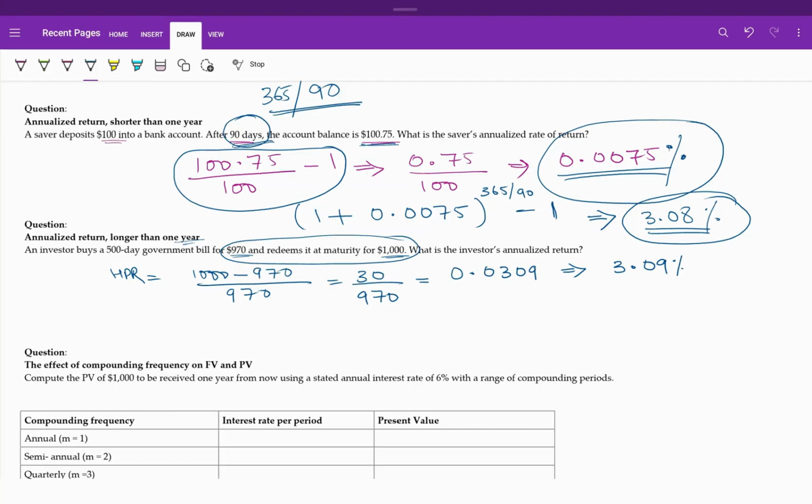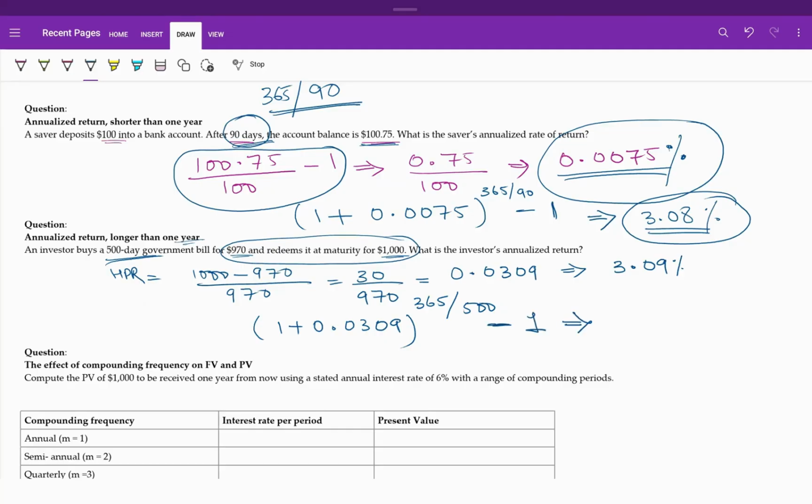So for the annualized return, again, we plug these things into this formula. Annualized return is 1 plus 0.0309, raised to the power 365 divided by 500, because this is a 500 days government bill. Then we subtract 1 at the end.